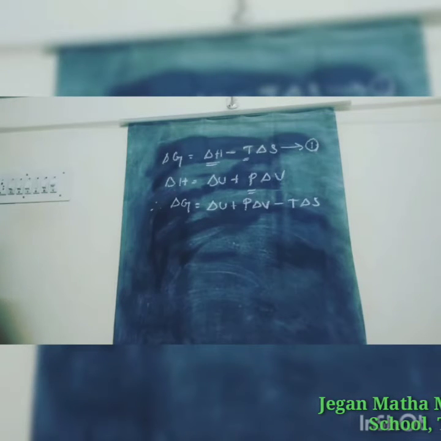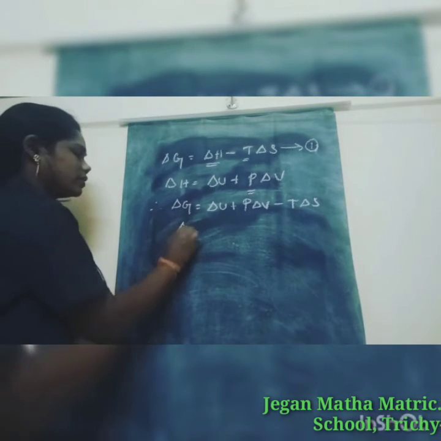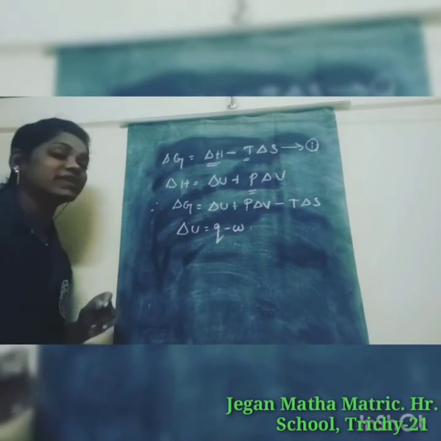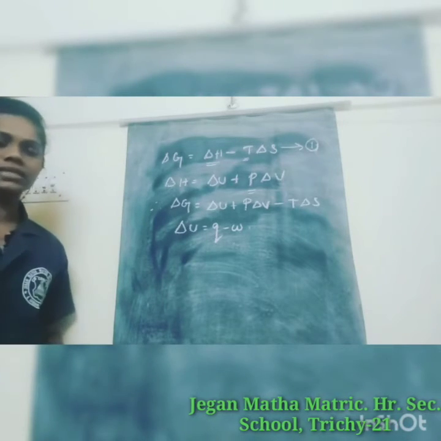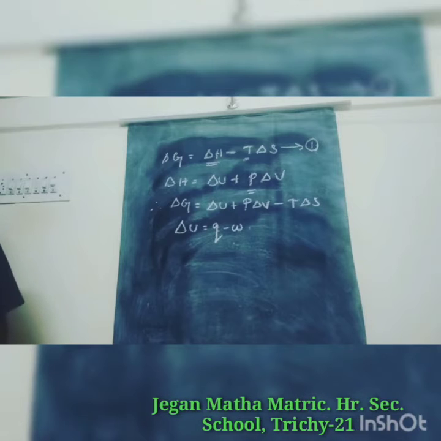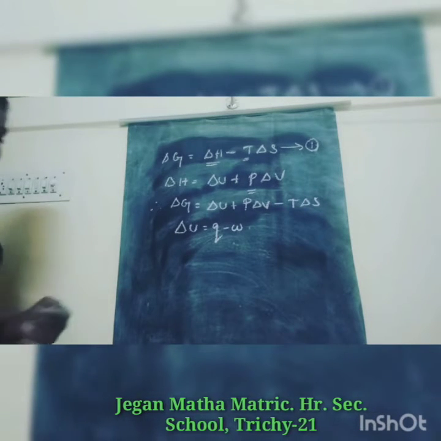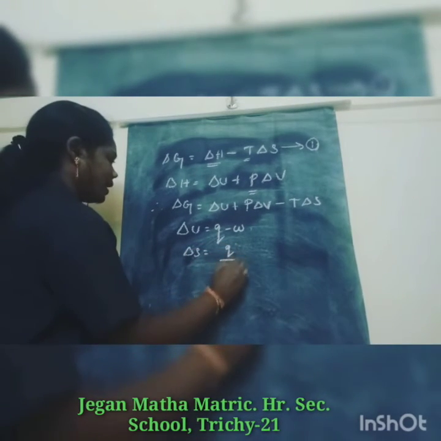Work is done by the system means del U, the internal energy, is equal to Q minus W. This is the first law of thermodynamics. And from the second law of thermodynamics, del S is equal to Q by T.